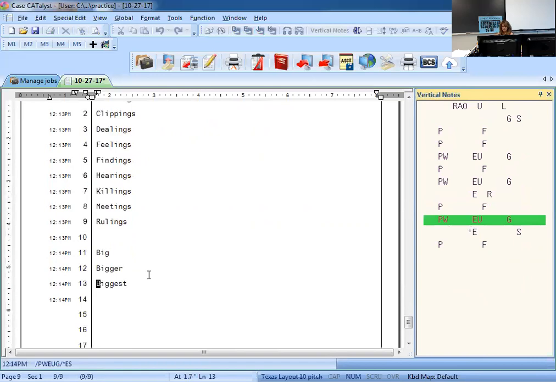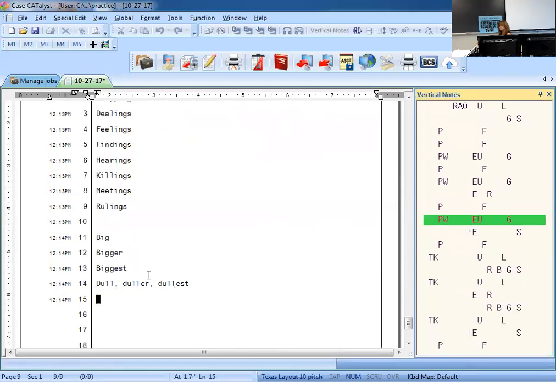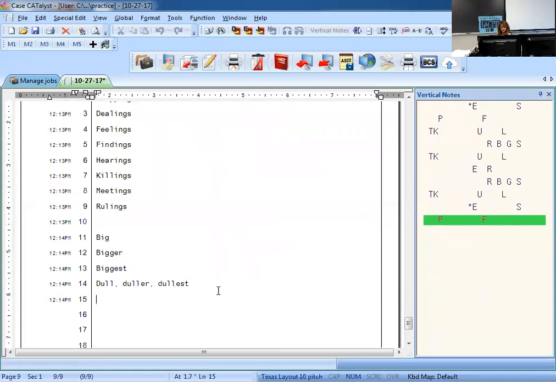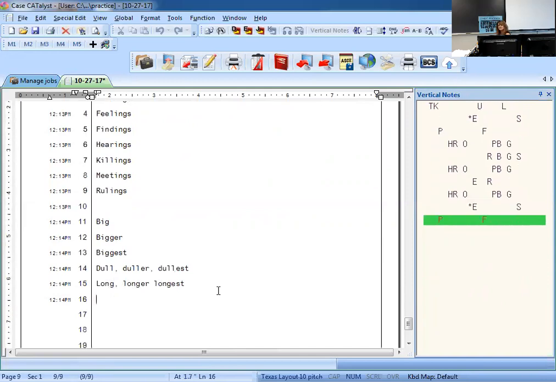Okay? So dull, duller, dullest. Gotta know how to write these words. Here we go, I'm just going through your word list there. Long, longer, longest. ES, S asterisk is your ST. You've got nice, nicer, nicest.